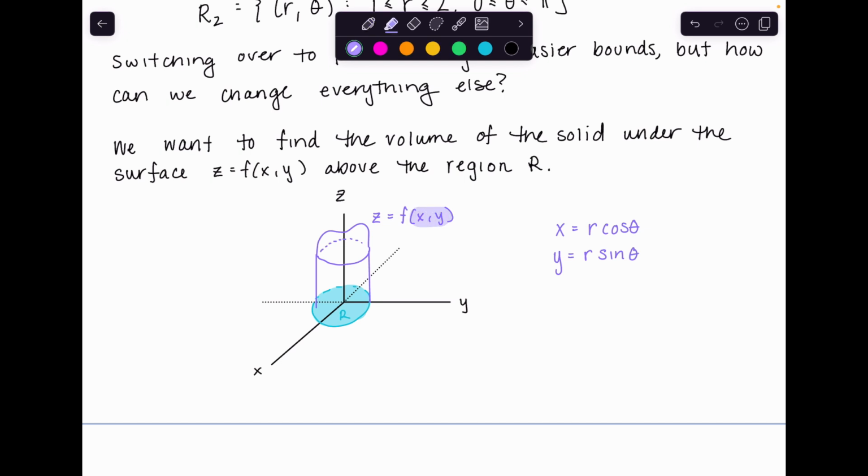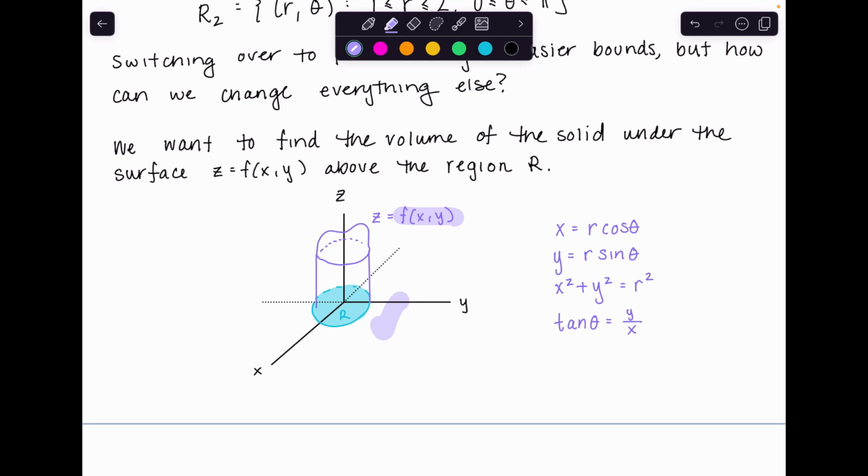So inside our integral, all of the x and y's for this function, we're just going to replace by r cosine or r sine theta. You also, if you have this relationship x squared plus y squared, remember that equals the radius squared. And then the last conversion we had was tangent of theta is y over x. This one won't really appear too frequently for us though. Okay. So now I can switch the bounds using r. I can switch the inside of the integral.